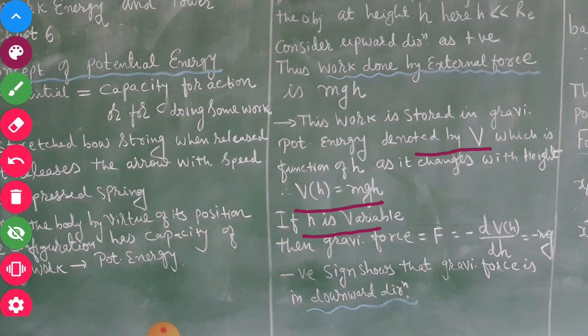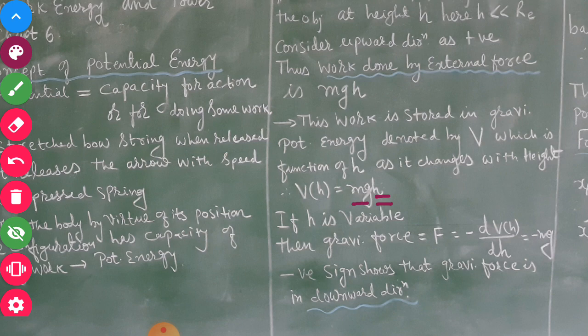Now if you want to find the gravitational force, what should be done? Force is equal to minus dV by dh, that is, force is the differentiation of potential energy with respect to height with a negative sign. So if you take the differentiation of mgh, h is the variable and mg is constant.